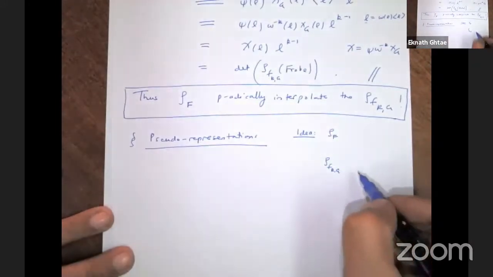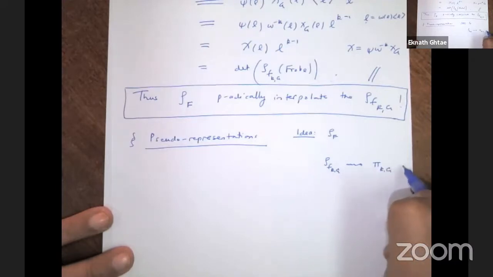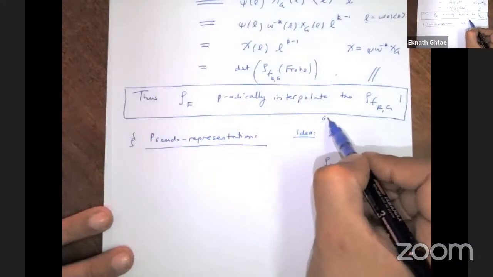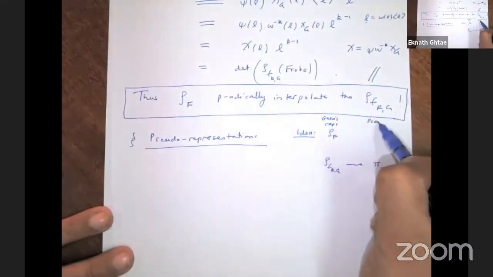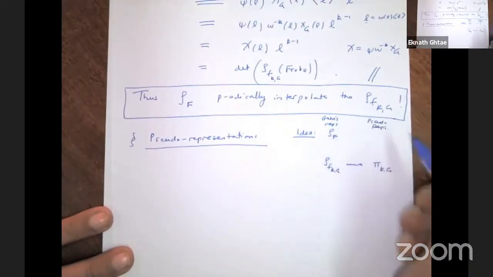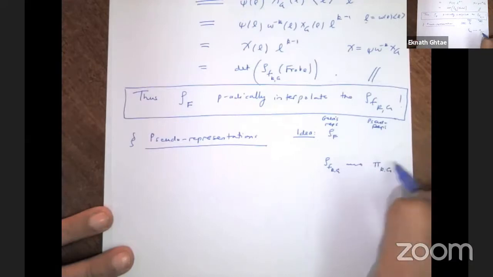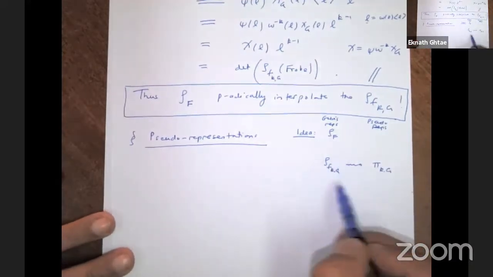And what his idea was is that from this Galois representation, you construct something a bit easier, which is easier to patch together, and that is called the pseudo representation. These are Galois reps on this side. These are pseudo Galois representations or pseudo representations on this side. Okay, so you have these pseudo representations, which are basically the trace and determinant of this classical Galois representation.